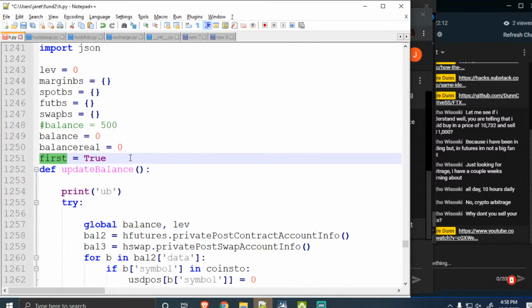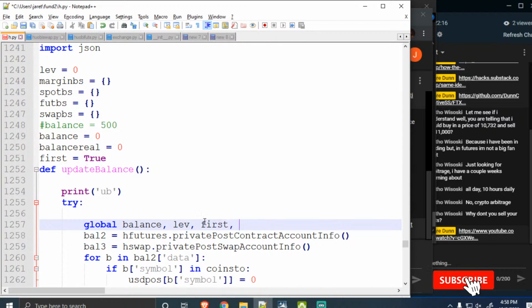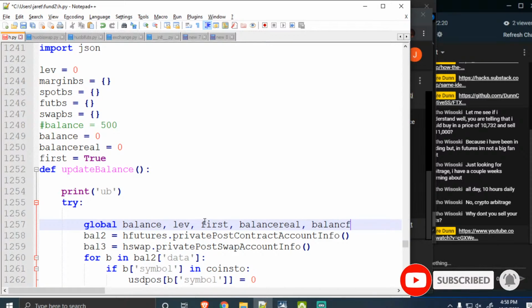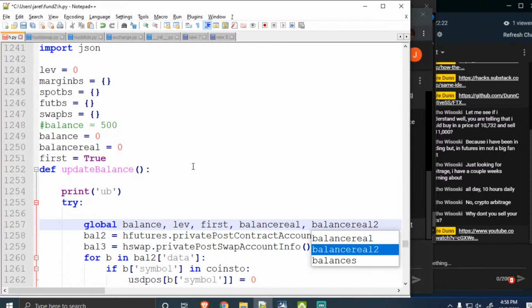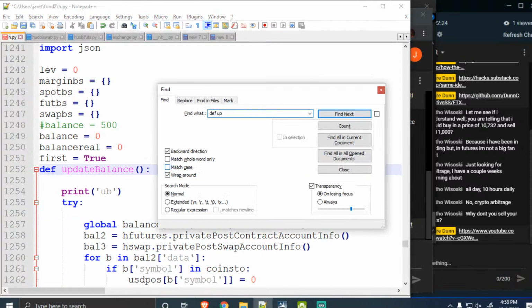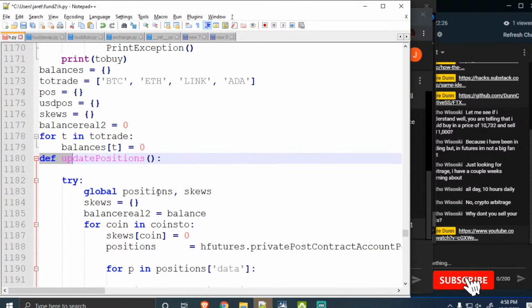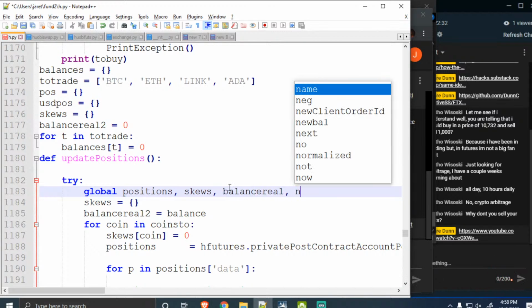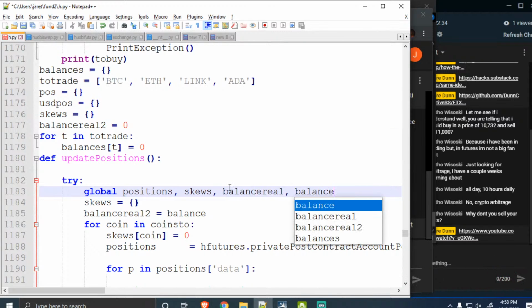First equals false. Global first, balance real, balance real 2. Def update the positions. Global positions. Use balance real, balance real 2.